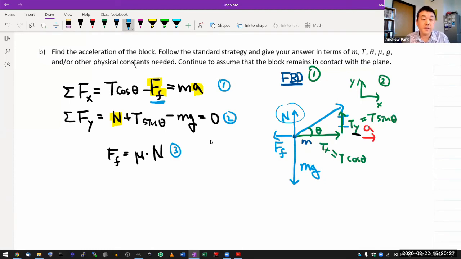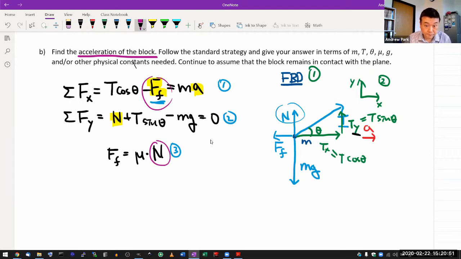Let me solve that. So one thing I do know is that I want to get the acceleration of the block at the end, which means what I make sure not to do is solve for acceleration right now. Instead, what I need to be doing is solving for normal force and frictional force.